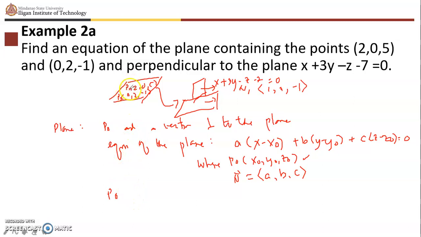If you make use of this as your P sub 0 and this as your P sub 1, which are points on the plane, then P sub 0 P sub 1 is a vector. Take its cross product with n sub 1. This is a vector which is perpendicular to the required plane.